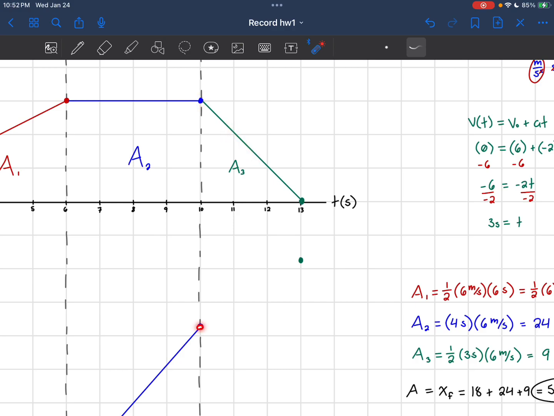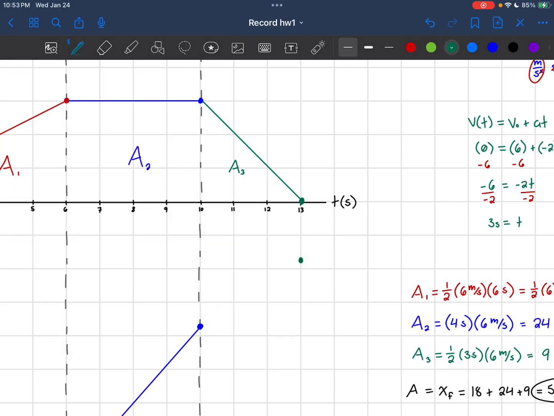My position is still increasing the whole time, which makes sense because I'm going from a lower position to a higher position. My position's increasing the whole time because my velocity is positive, but because my velocity is decreasing, the slope of my position curve has to be decreasing, which means it's going to be getting less and less steep until it gets to 0.